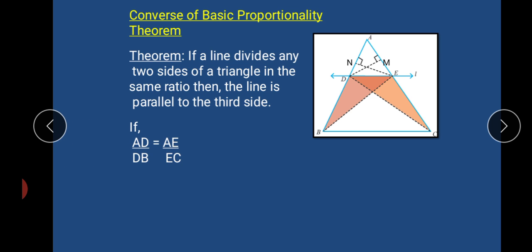That is, if AD upon DB is equal to AE upon EC, then DE is parallel to BC. For the converse, we don't have the proof. Only for the basic proportionality theorem there is a proof, a very important theorem from the chapter Triangles.